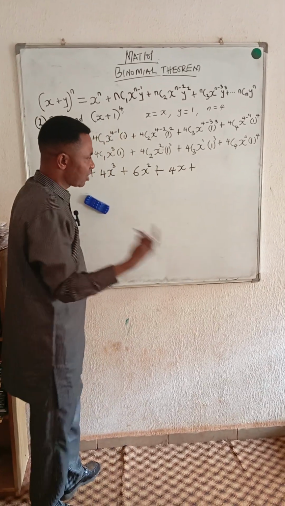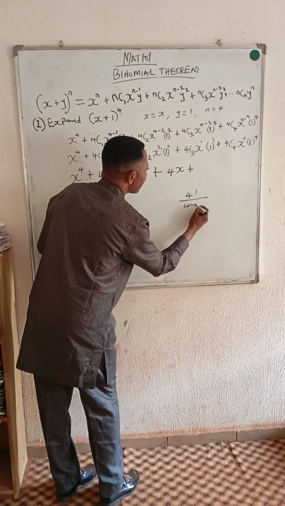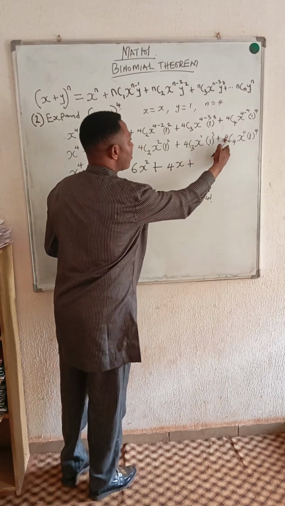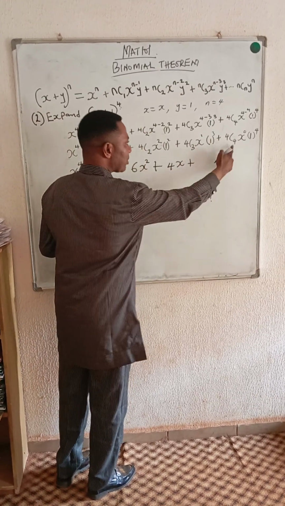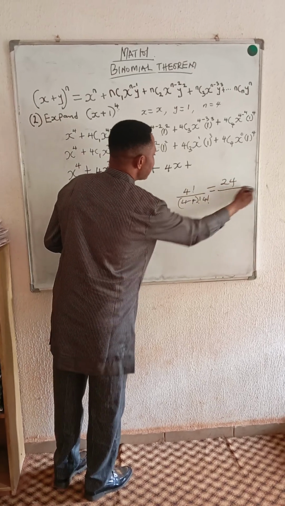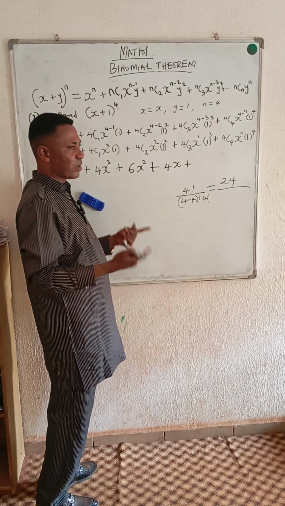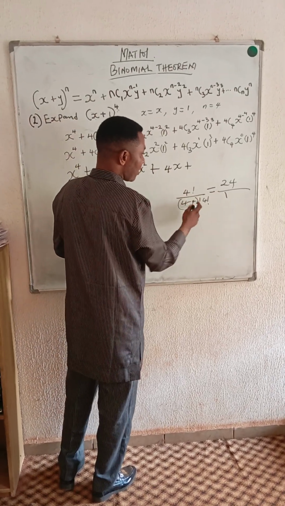The answer is 1. We can still prove it. That is 4 factorial all over 4 minus 4 factorial, multiplied by 4 factorial. So 4 factorial is 24. Then 4 minus 4 is 0. 0 factorial is 1, you can press calculate to see 0 factorial is 1.